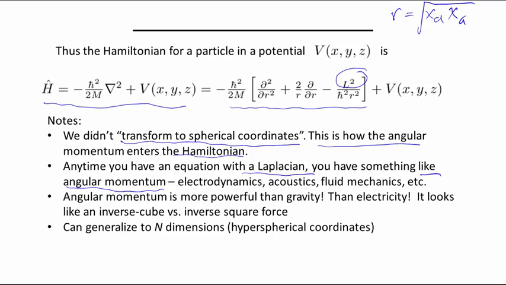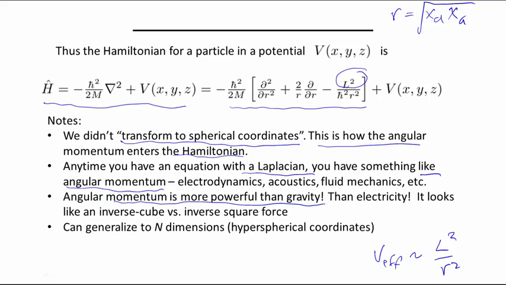The other very important point about this, I say that angular momentum is more powerful than gravity. Well, gravity is pretty powerful, but basically we get a V effective, which is proportional to L squared over R squared.